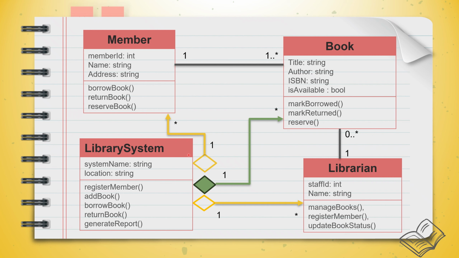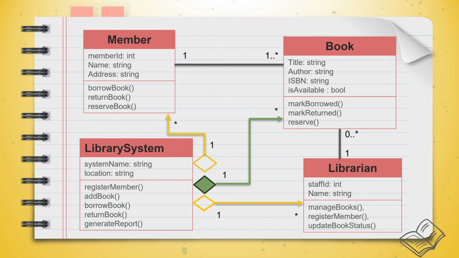Let's see the relationship between library system and the librarian. It is also an aggregation relationship. In this relationship, the librarian works for the system but they are separate entities. So these are the relationships between all the classes.